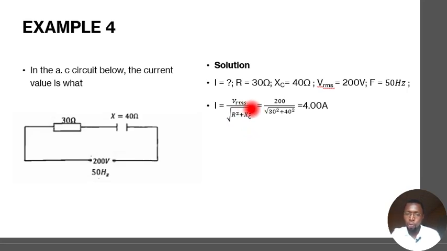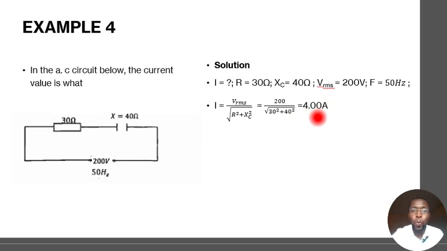That will be 200 over the square root of 30 squared plus 40 squared. Simplifying all of this, the electric current I will be 4.00 ampere.